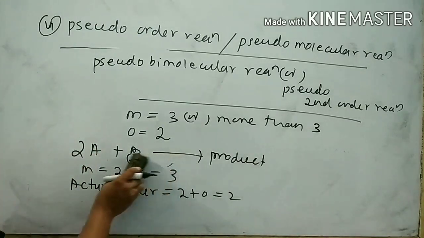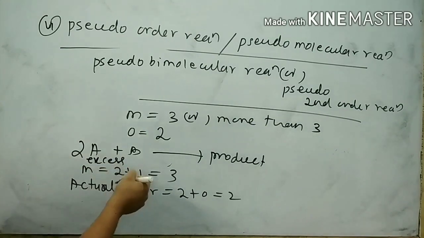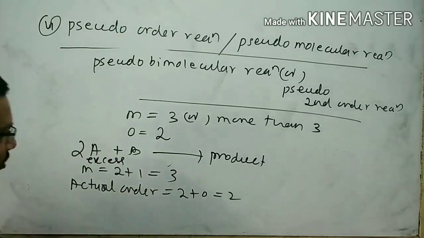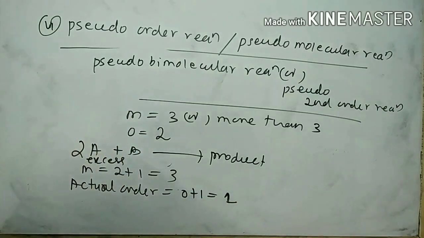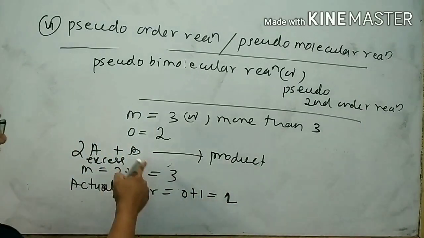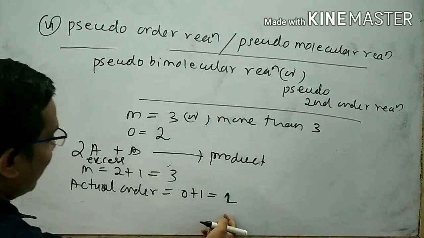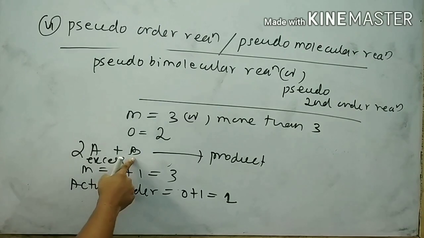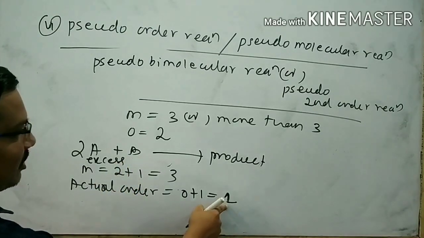Suppose A is in excess, then the molecularity is 3 no doubt, but the actual order is 0 plus 1, that is 1. That means this reaction has molecularity more than 2 and the order of reaction is 1, so it belongs to a pseudo unimolecular reaction. It's not a pseudo bimolecular reaction because the order of reaction is 1.